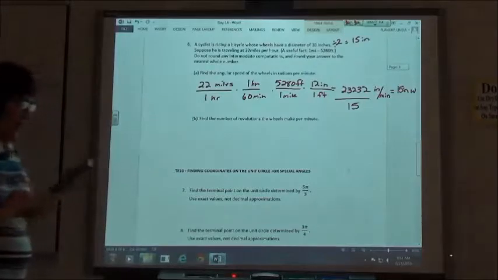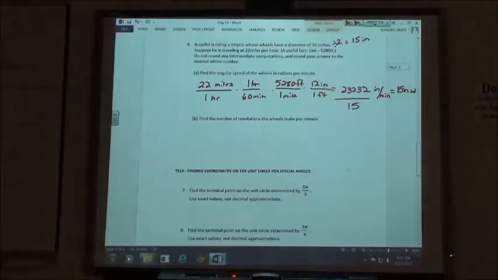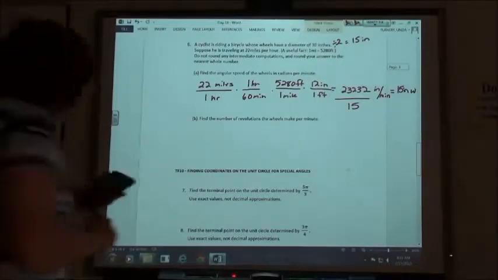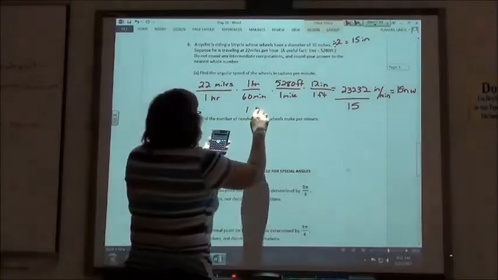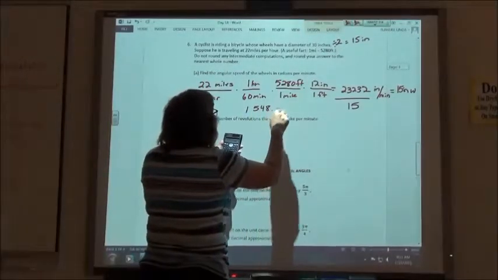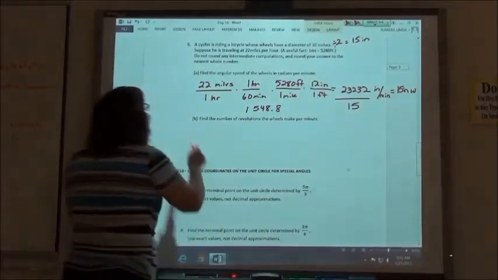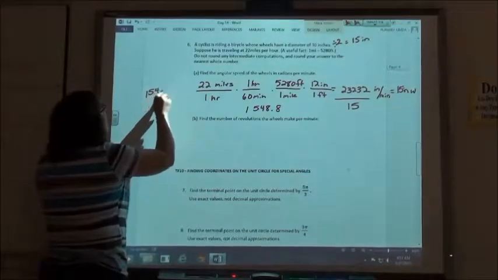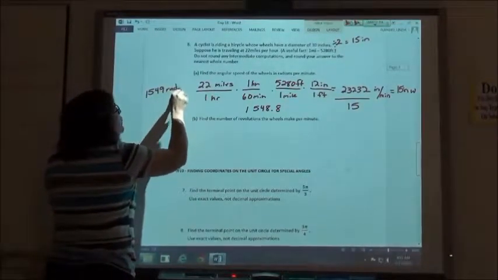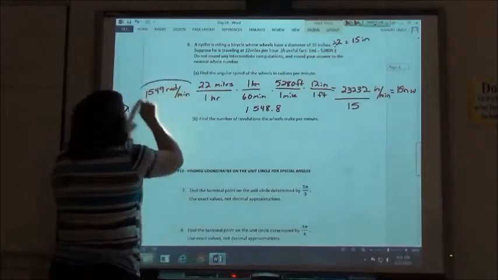So I'm going to take my 23,232, I'm going to divide it by the 15 inches, and I get 1,548.8, so I have to round that off to 1,549. Now it's in radians per minute.